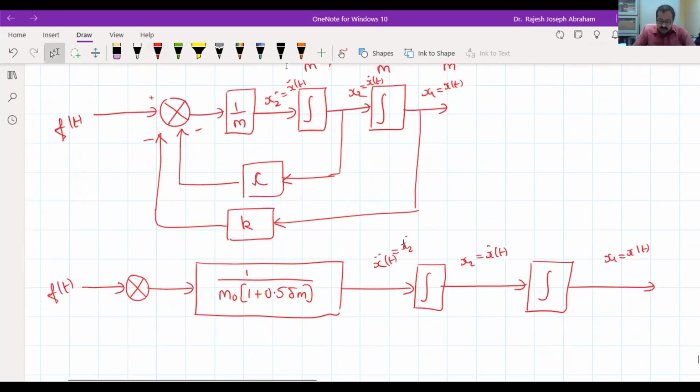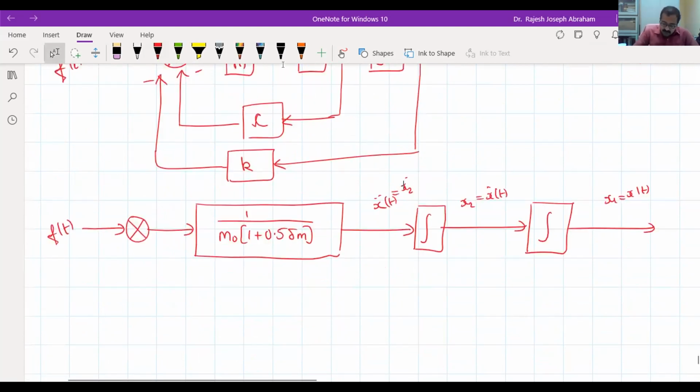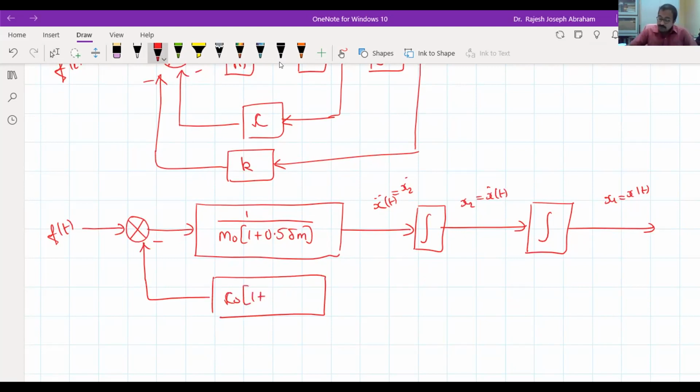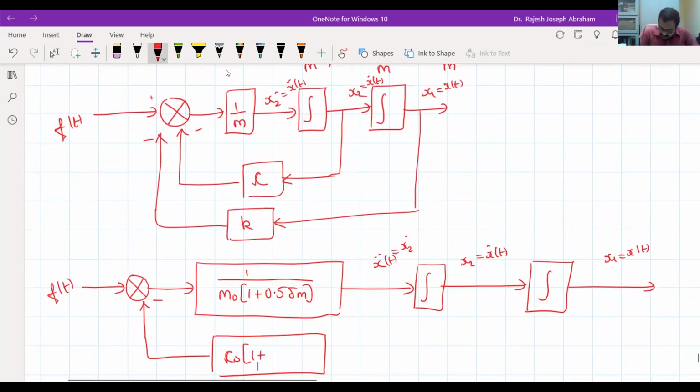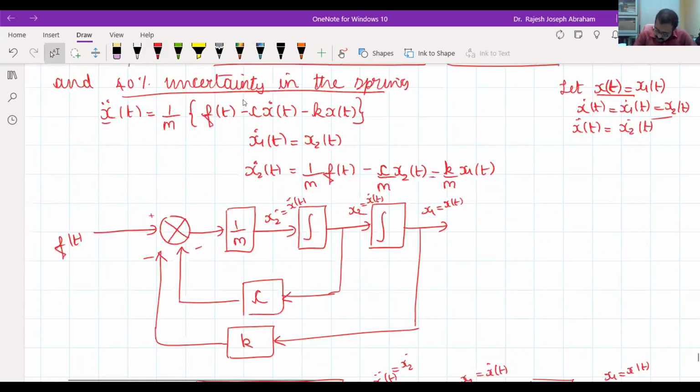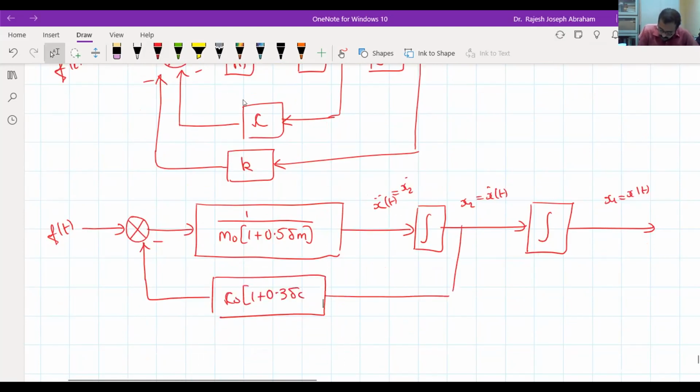Similarly, there is a signal at c, with a negative sign: c naught into 1 plus 0.3 delta c, coming from x2.